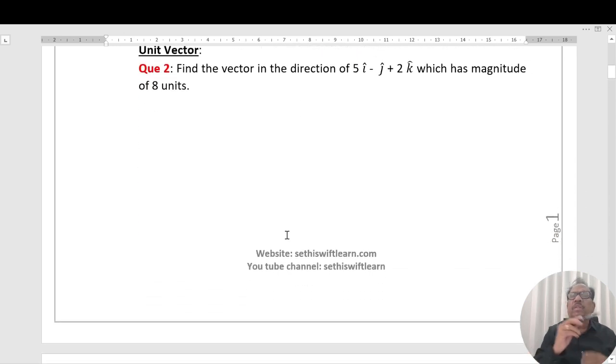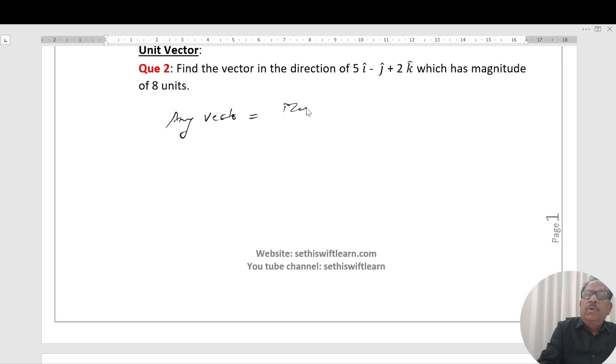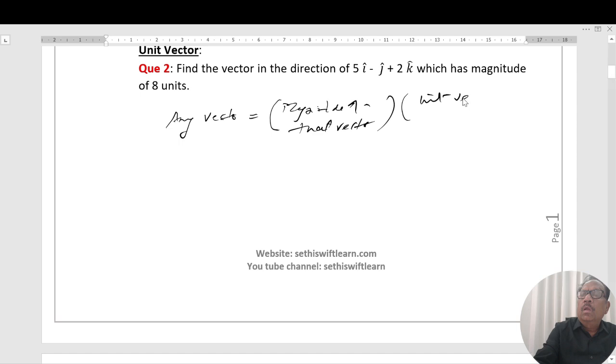Find the vector in the direction of the given vector which has a magnitude of 8 units. The general concept is that any vector is equal to the magnitude of that vector into the unit vector in the direction of that vector.